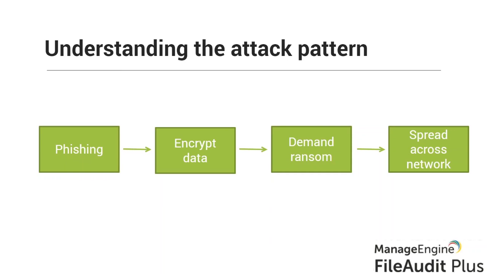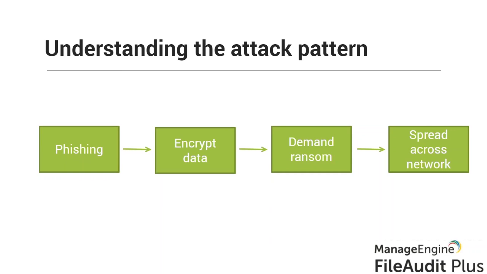So you see that ransom note on your screen, and it doesn't stop there. The malware itself spreads across your network, right? The trick with today's ransomware is that it's not just malware. It has this dual nature.